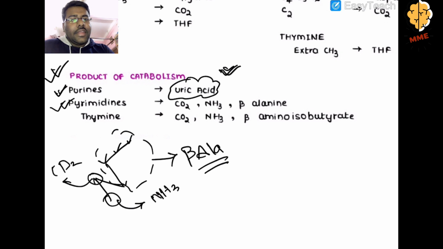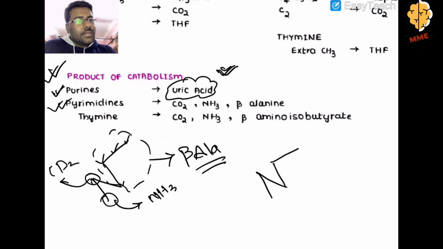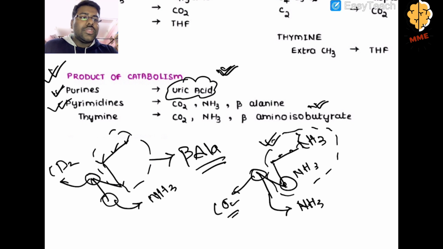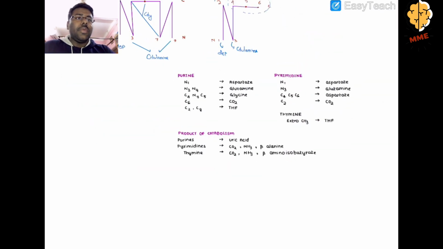Okay, and in case of thymine, there is an extra CH3, one NH3 is given here as a product, another CO2 is given as a product, and this is called beta amino isobutyrate, because there are 4 carbons, so there is butyrate, amino butyrate, because there is an NH3 group. So this is the amino butyrate or isobutyrate. Okay, so that is all about the basic concept behind the purine and pyrimidine.